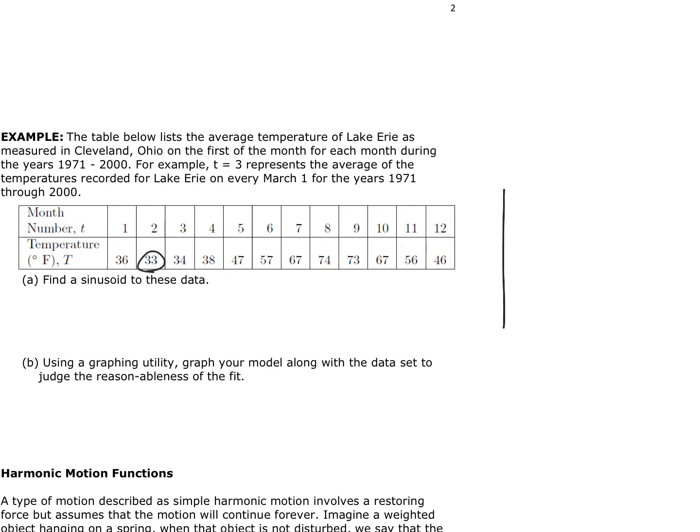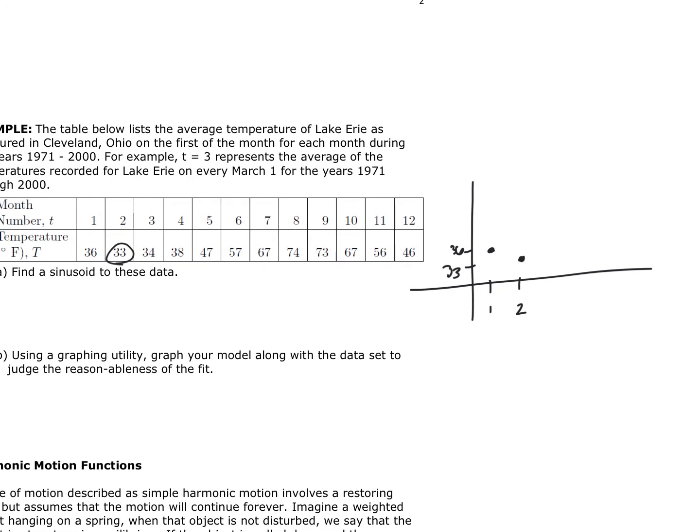So if I were to graph these, month 1, month 2: in month 2 my lowest seems to be 33, and right before that was 36. Then it looks like my highest temperature is in month 8. So 2, 3, 4, 5, 6, 7, and 8. Right here would be my max.